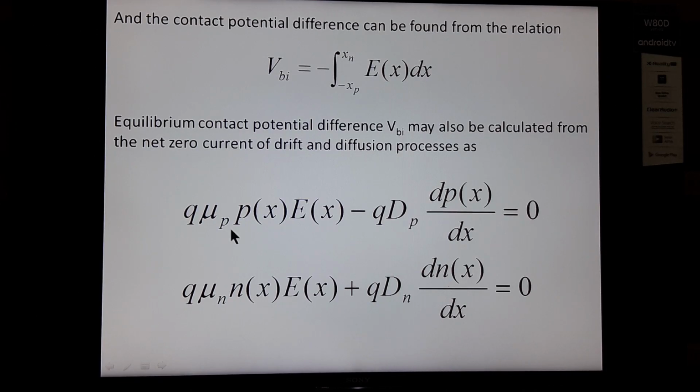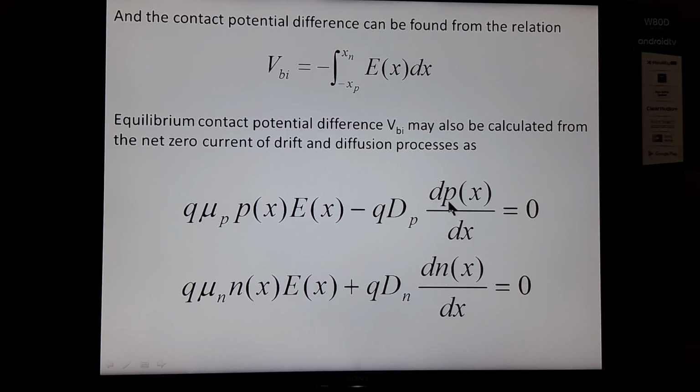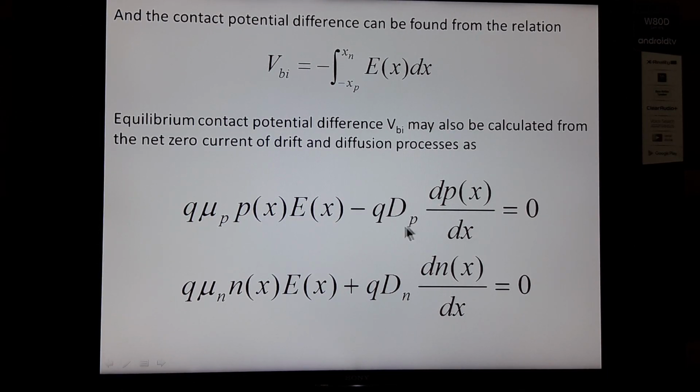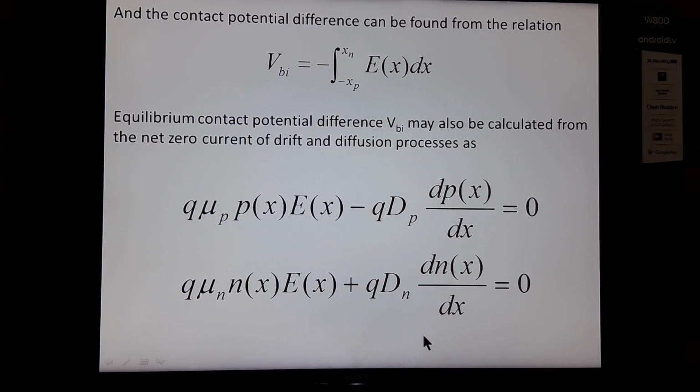Here p(x) is the minority carrier density, and this is the drift component of current, and p(x) is the majority carrier concentration of the holes, which is related to the diffusion component. And by the calculation from these two relations, we may calculate the value of built-in potential.